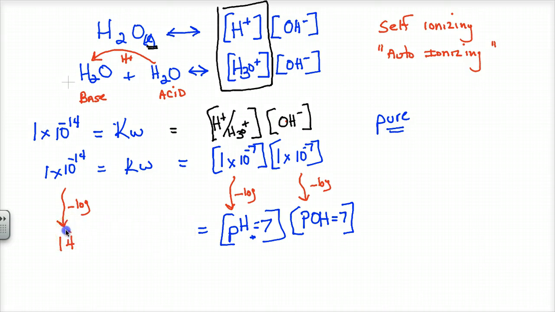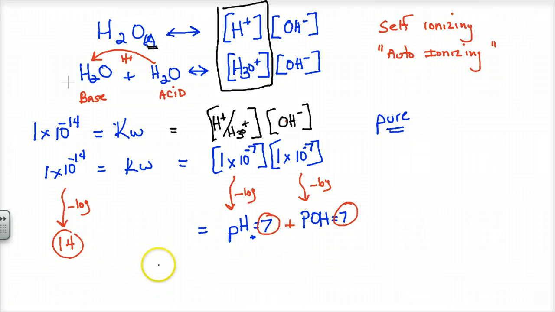So pKw equals 14. Okay, and let me get rid of these parentheses because they're no longer exponents. So Christmas in July. Okay, and 14 equals 7 plus 7.